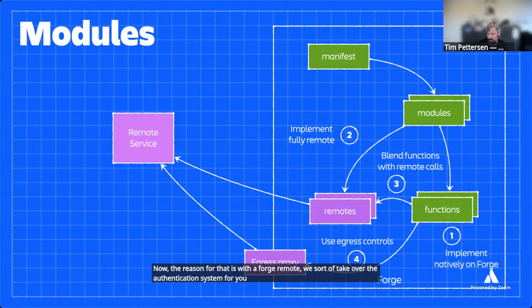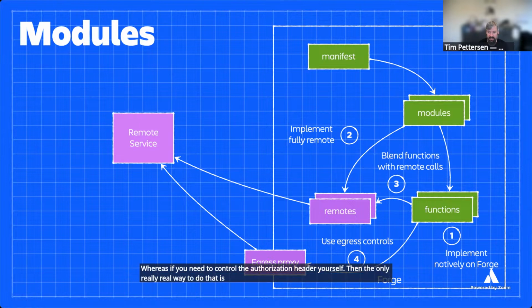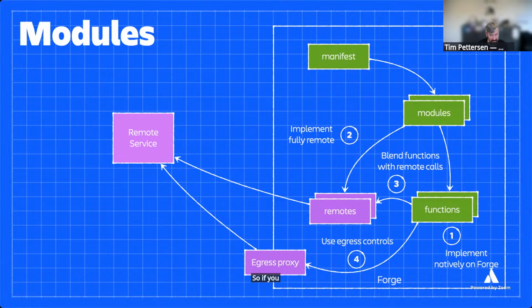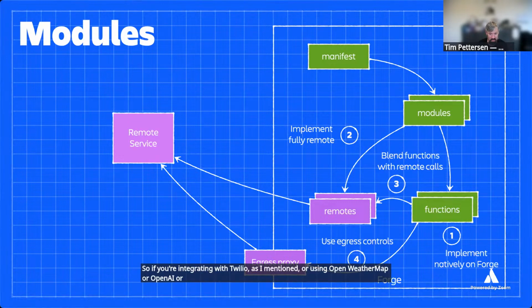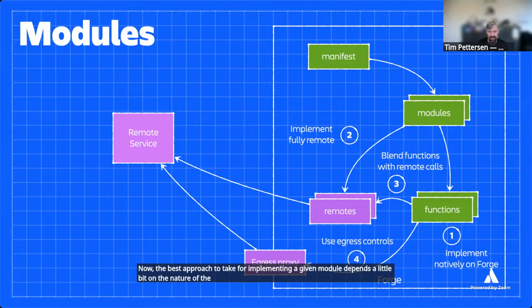So we apply an authorization header on the outbound request when you invoke a remote. Whereas if you need to control the authorization header yourself, then the only real way to do that is to use egress controls instead. So if you're integrating with Twilio, as I mentioned, or using OpenWeatherMap or OpenAI or any other external service that you don't own, then you'll need to use egress controls to go through the Forge egress proxy instead. Now, the best approach to take for implementing a given module depends a little bit on the nature of the integration that you're building.